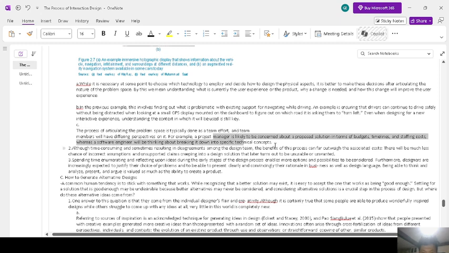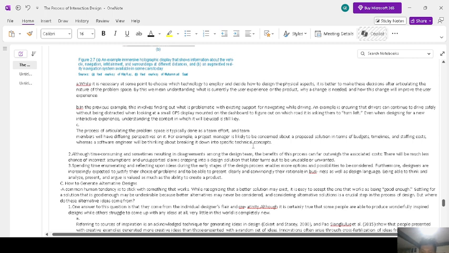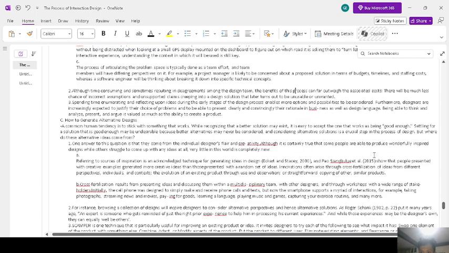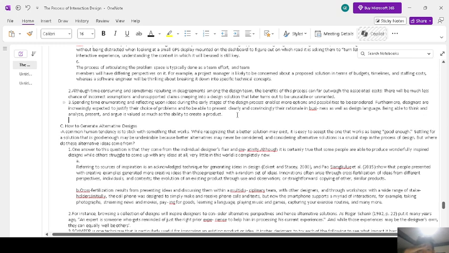So articulating a problem is not easy as different people define it in different ways. Team members concerned about the timelines and the cost, although time consuming and sometimes leading to disagreements among the design team, the benefits of this process can far outweigh the associated costs.